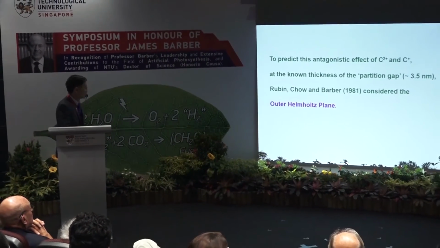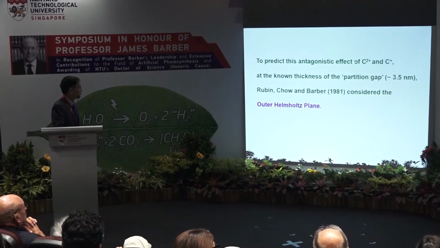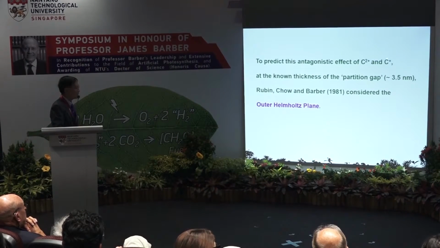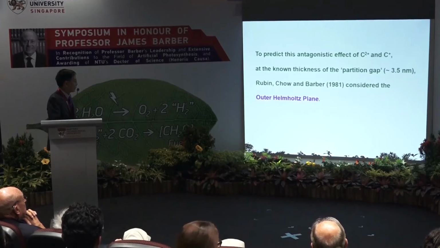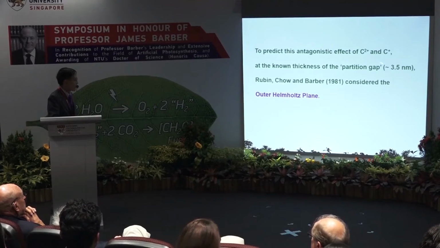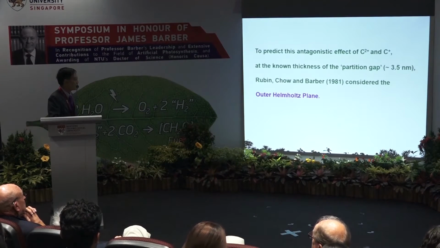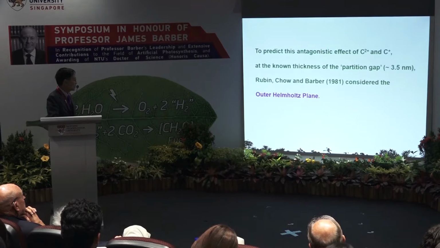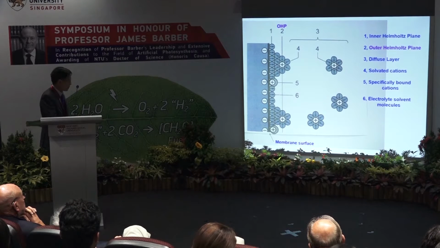And to predict this antagonistic effect of divalent and monovalent cations at the known thickness of this gap between two opposite membranes of about 3.5 nanometers, Barry Rubin, myself, and Jim considered the outer Helmholtz plane back in 1981. And this is the outer Helmholtz plane.